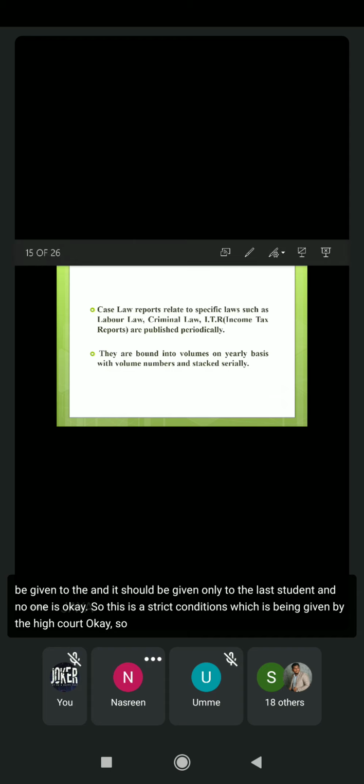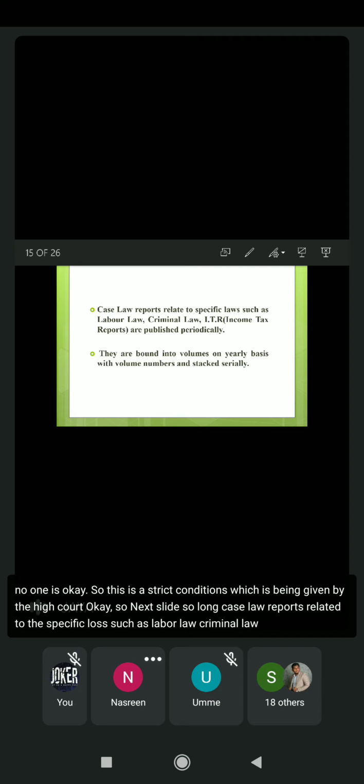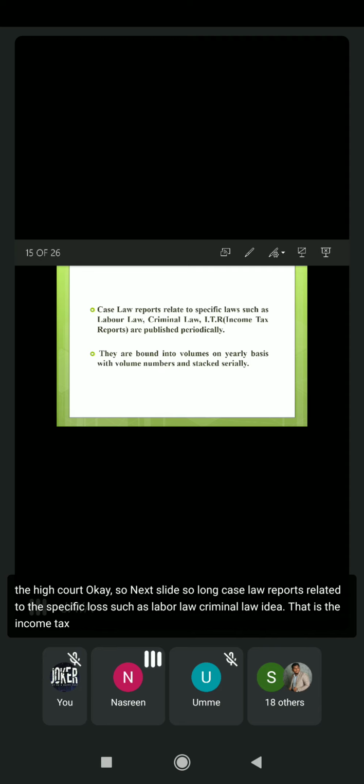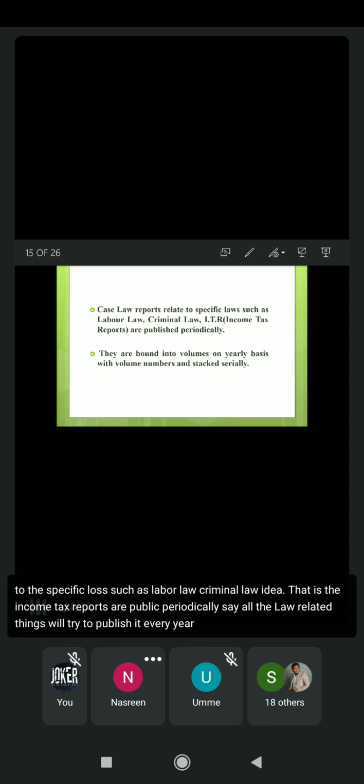Next slide. So case law reports related to specific laws such as labor law, criminal law, ITR, that is the Income Tax Reports, are published periodically. See, all the law-related things will try to publish every year. But law reporters are not like that.